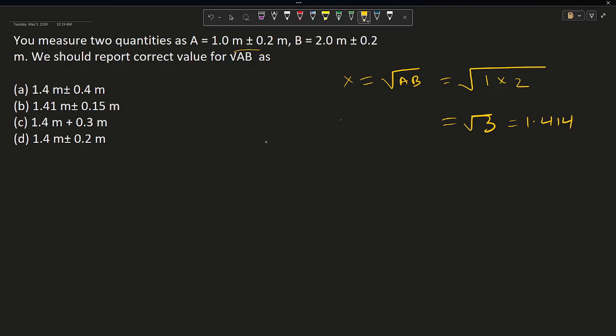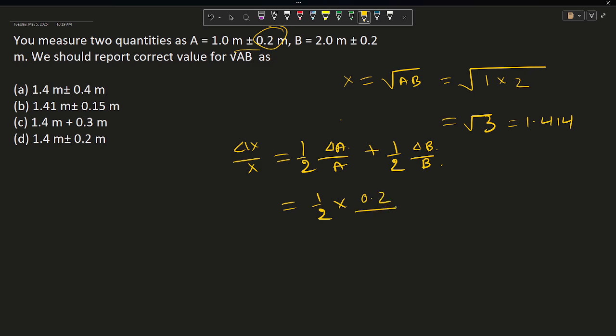Now find out the error. So delta x by x equals half delta A by A plus half delta B by B. Delta A, this one, is 0.2 by 1, plus half delta B, 0.2 by 2.